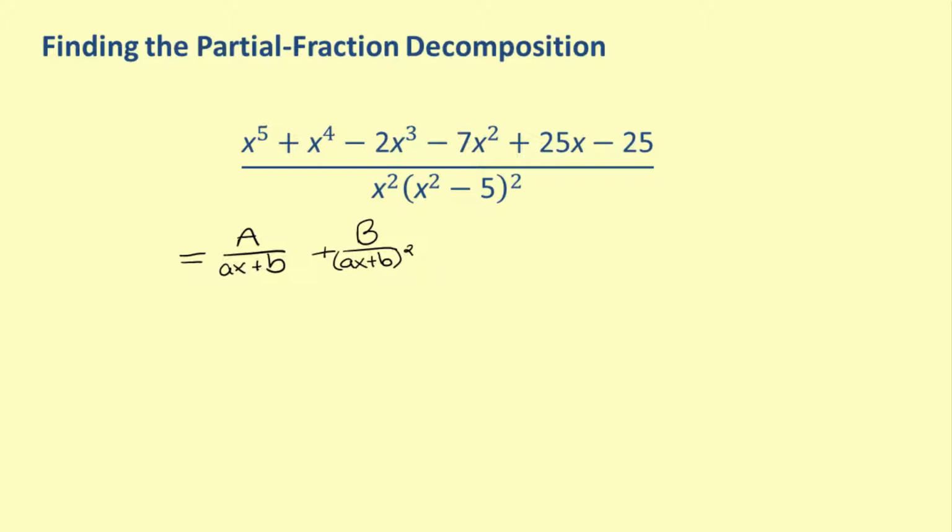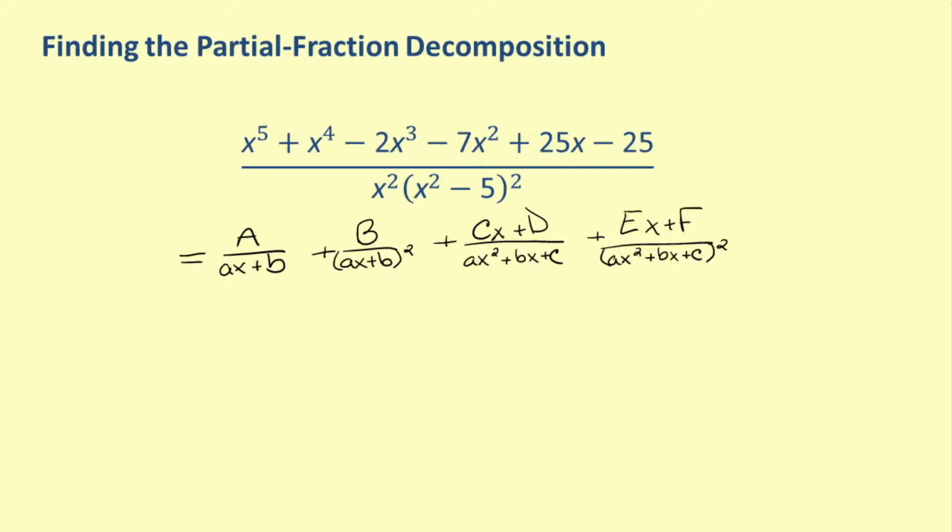So, we add cx plus d over ax squared plus bx plus c plus ex plus f over ax squared plus bx plus c all squared to the first part of our expression. Note that lowercase a, b, and c are different in each denominator and are just placeholders.